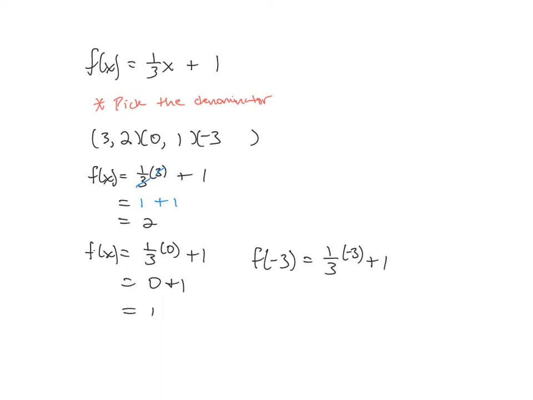So be careful of this one, because the 3's do reduce, but I still have that negative there. So it's -1 plus 1, or 0. Okay, so we do need to be careful when we plug in that negative number.